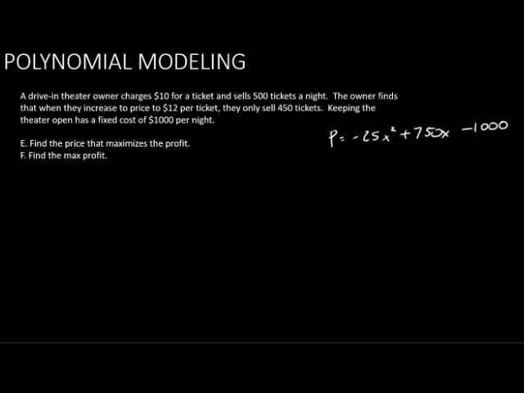Part E asks us to find the price that maximizes the profit. Let's remind ourselves that price has to do with x. So we're asking for an x value to maximize the profit. If you see the word maximize, I want you to think about the vertex formula. We will use the vertex formula to find the x.